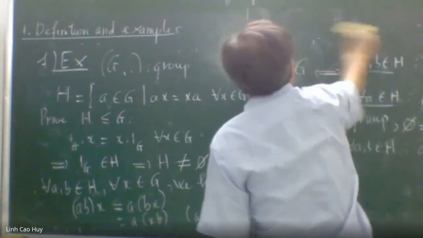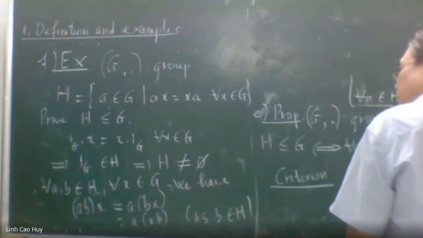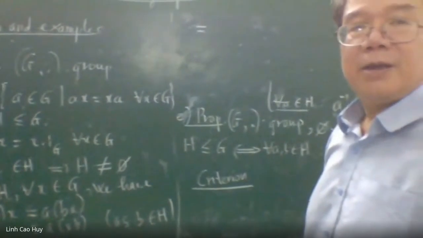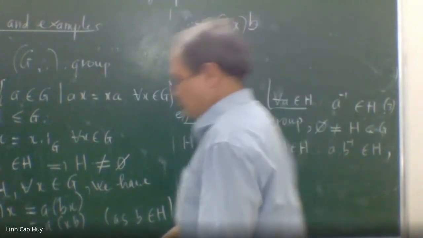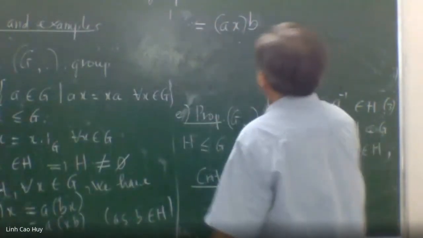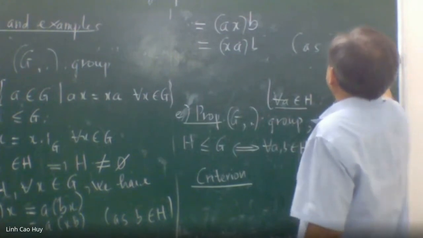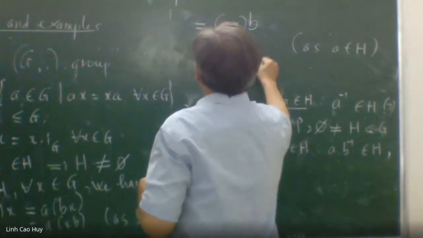Equals A X B. But by hypothesis, the element A is also in S, so the element A commutes with every element in G. So we can write X A B, because A is in S. Okay. So we rewrite it as X A B.